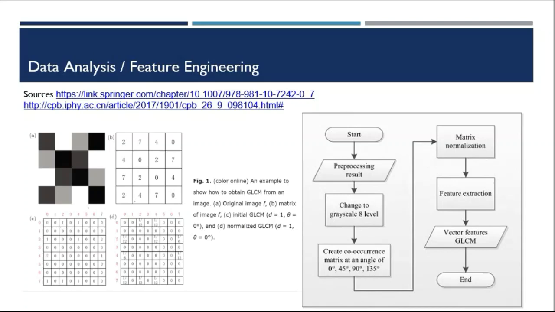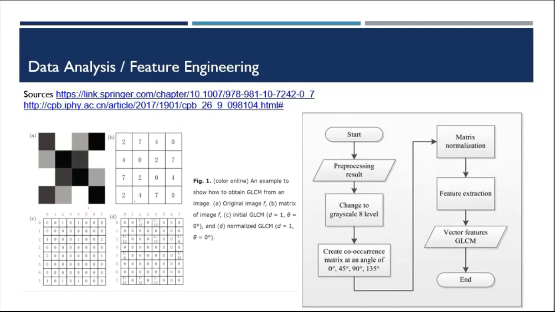Third step, create an L times L matrix where both rows and columns are numbered from 0 to L minus 1. Fourth step, select appropriate parameters of GLCM, distance and theta. And final step, find the co-occurrences between every two pairs of intensity levels.